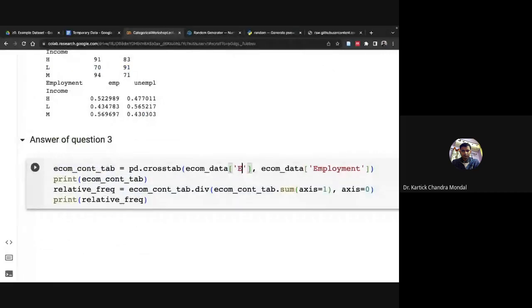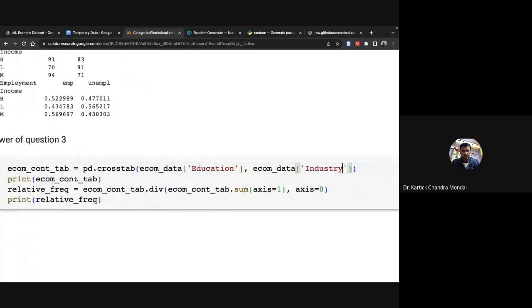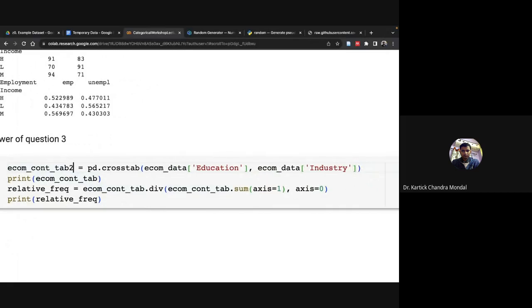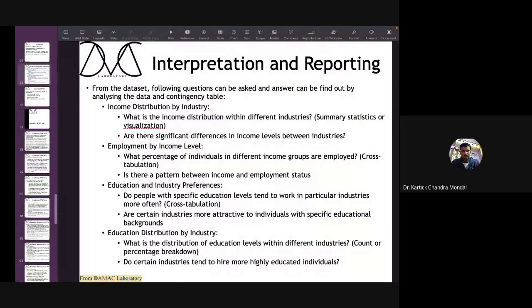So this is education. This is industry. Okay. So you get the new table, new relative frequency.